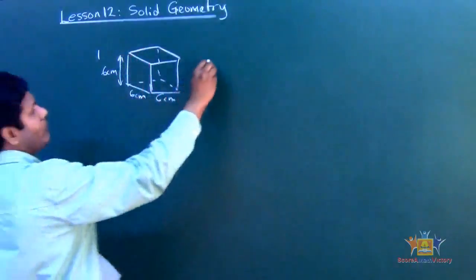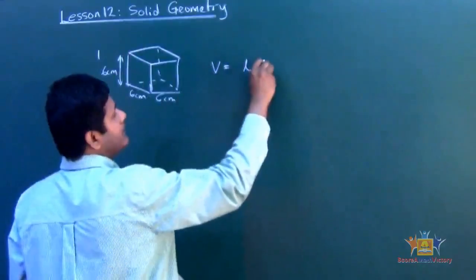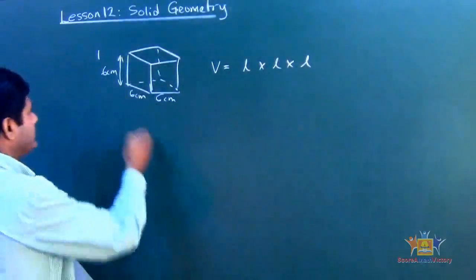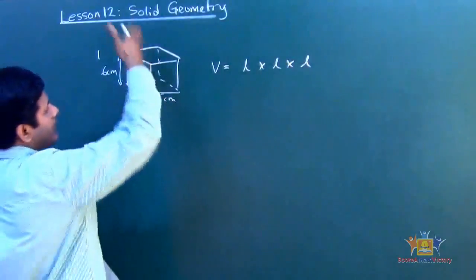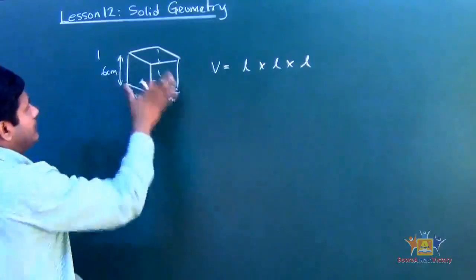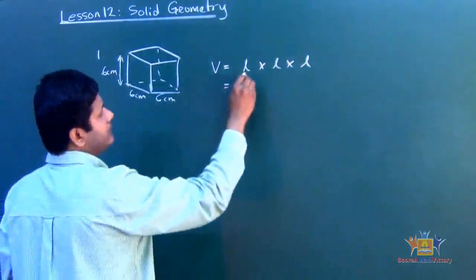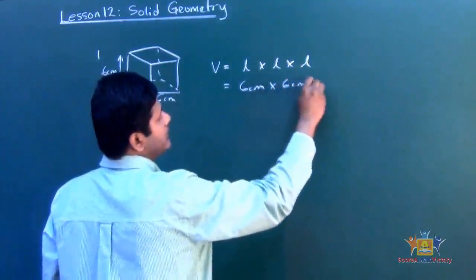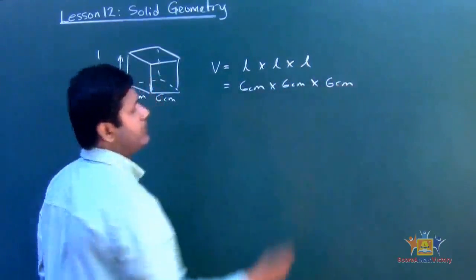Okay, so the volume equals length times length times length for a cube. Pretty much like I said, there's length, breadth, and height. See that? So that's the key thing. So in this case, the length is 6 centimeters times 6 centimeters times 6 centimeters.